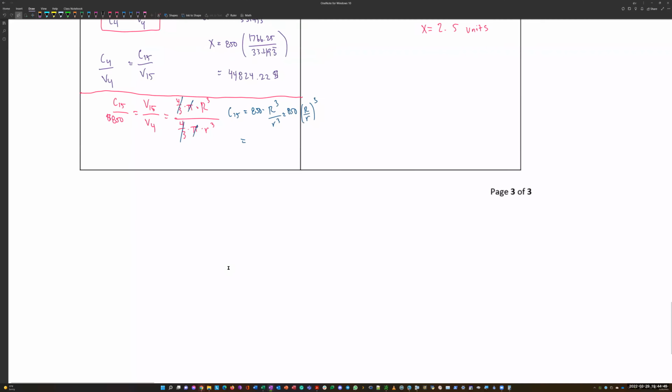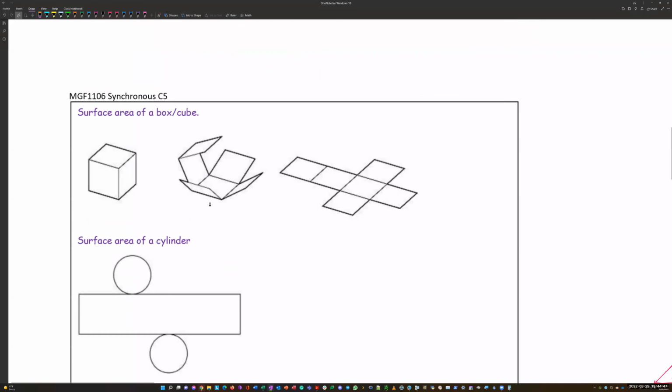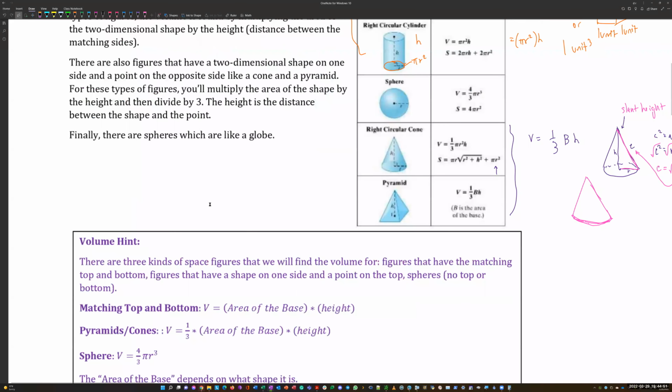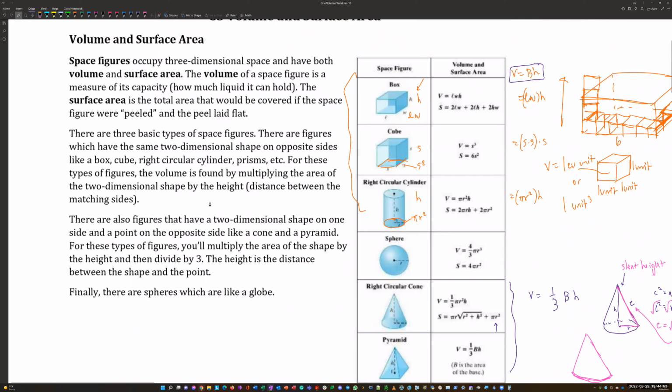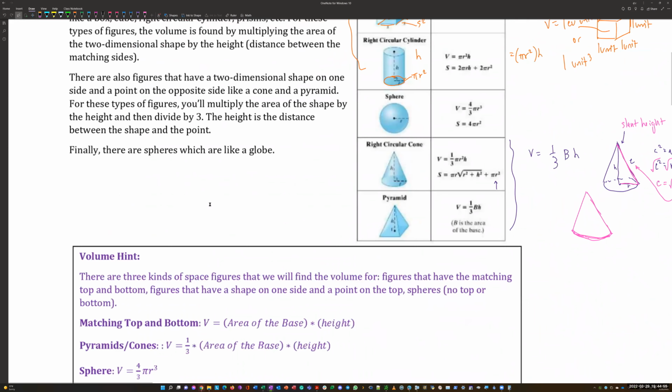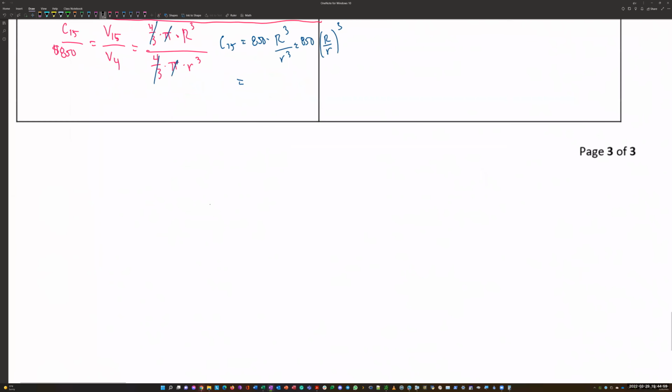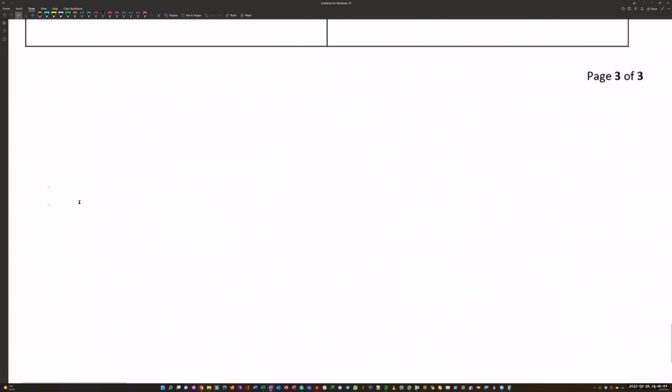Which thing do you guys talk about? Let's do an area. That's what we'll do. All right, let's say a room is in the shape of a circle.